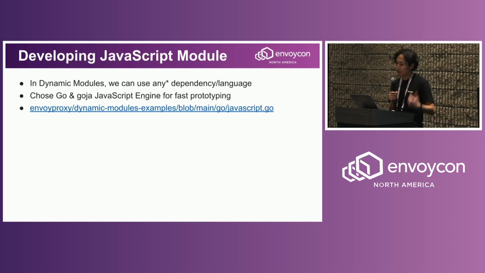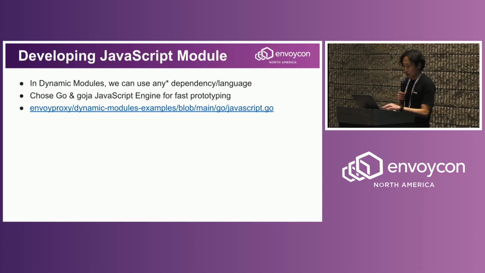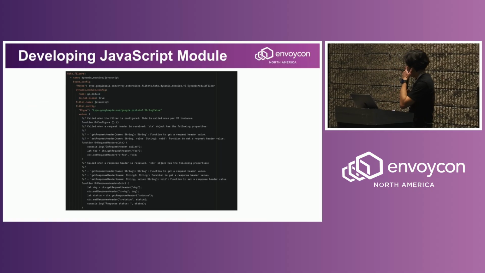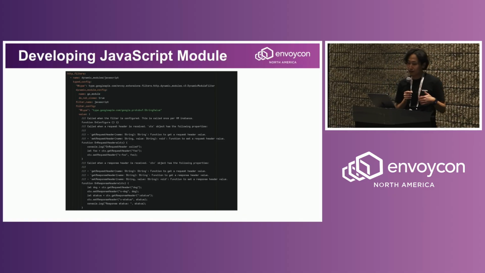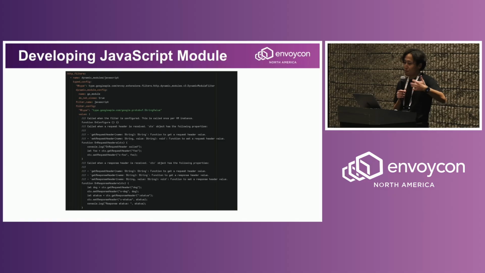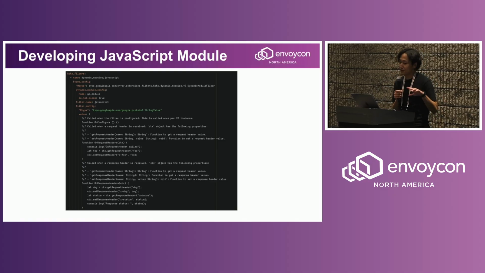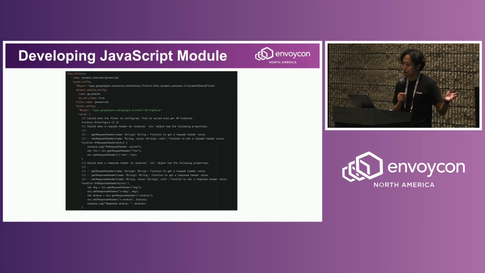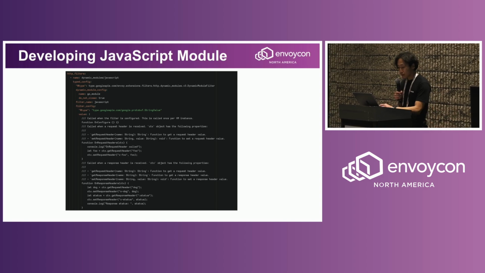You can bring in any third-party dependency and so on. Here's the example configuration for the JavaScript filter. It looks exactly like the Lua filter, where you embed some script and you have some callback functions, and inside of them maybe you call console.log, set headers, get headers, and so on. So this is a filter configuration example.